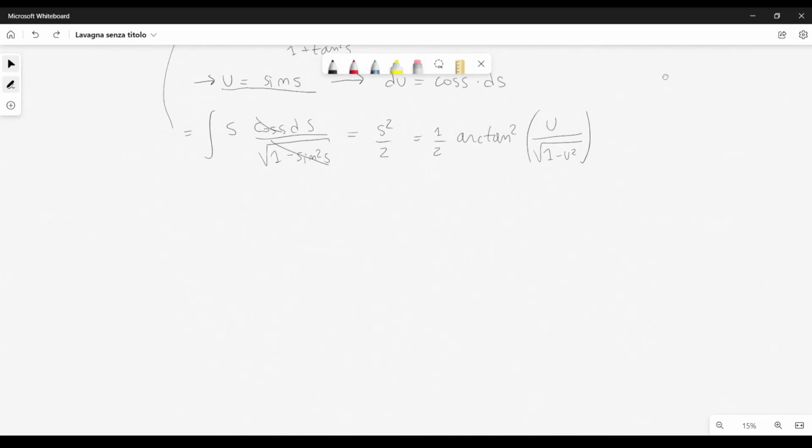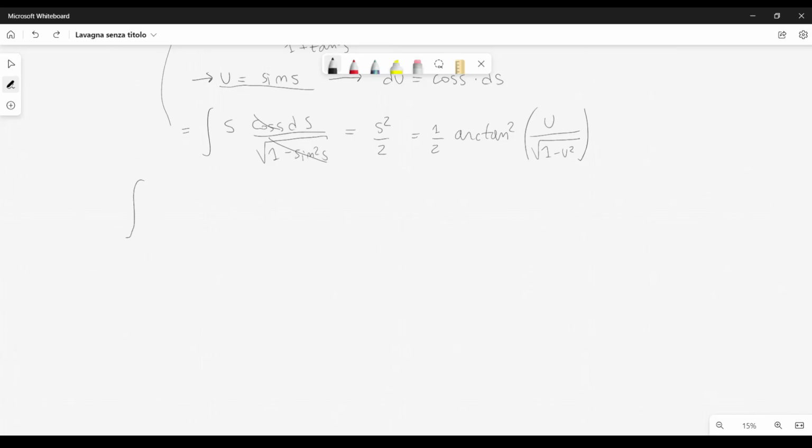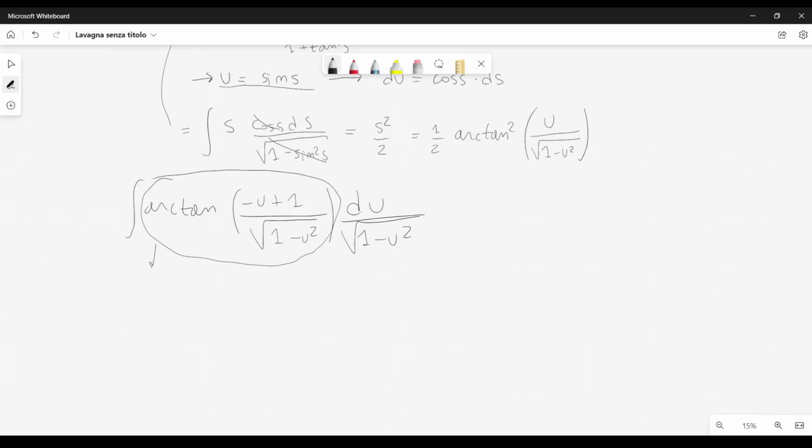So we have the integral of arc tangent of minus u plus 1 divided by the square root of 1 minus u squared, du over the square root of 1 minus u squared. We are doing exactly the same, so we are going to call this function s. This is the substitution that we are going to make. So the tangent of s will be equal to minus u plus 1 divided by the square root of 1 minus u squared.